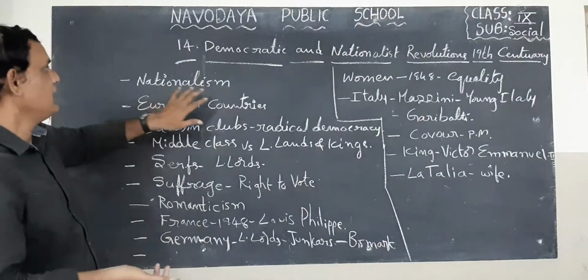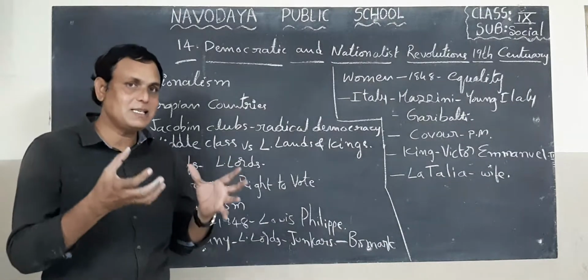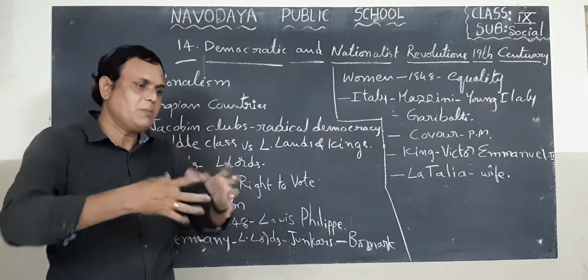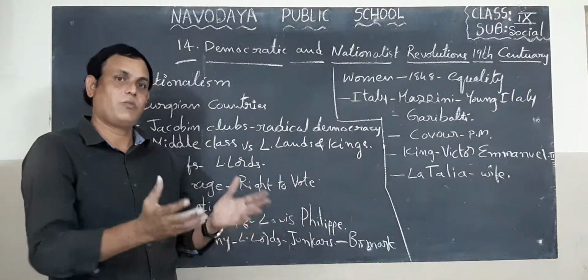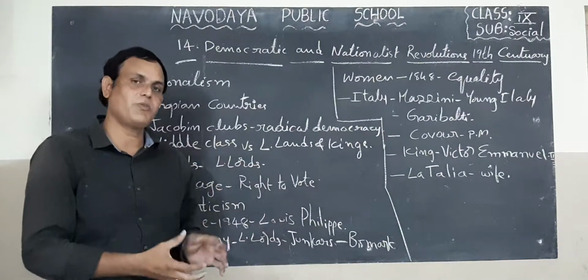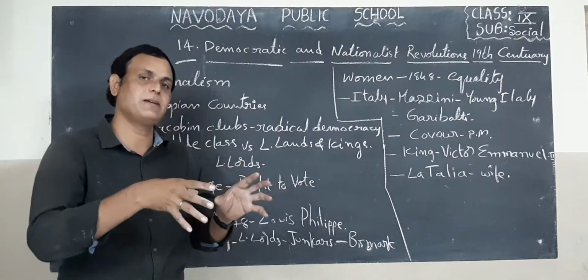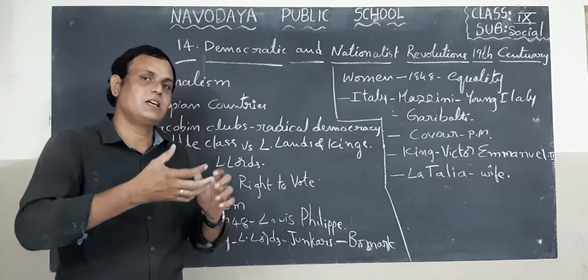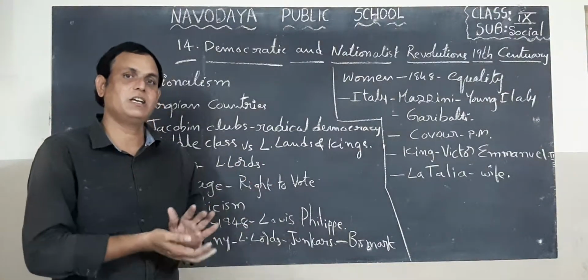Now here, nationalism. What is meant by nationalism? Nationalism is one type of feeling: we belong to this country, we are this one nation. The people who are living in separate regions have developed this type of feeling, that there is one nation, that country is one country.